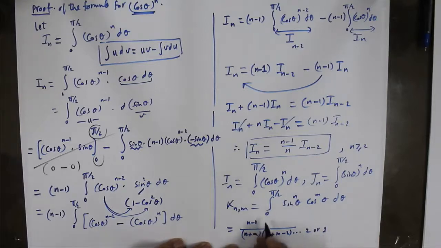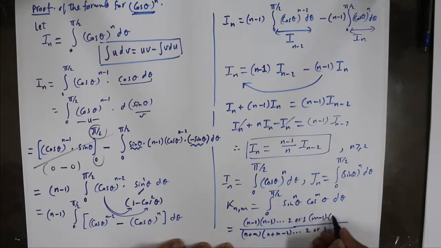Here we begin as before with n minus 1, n minus 3, subtract 2 every step till you reach 2 or 1. The same for m minus 1 times m minus 3, subtract 2 every step till you get to 2 or 1. At the end, you multiply by pi over 2 if n and m are even, and 1 otherwise.